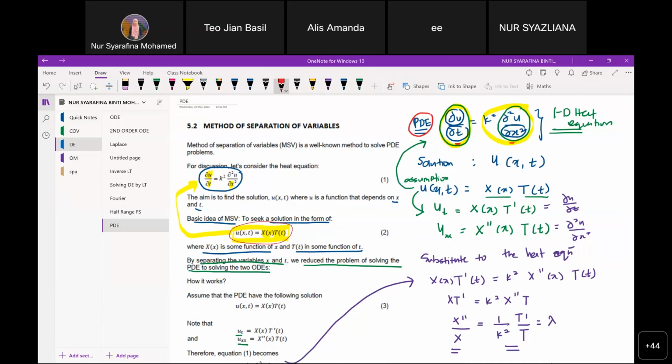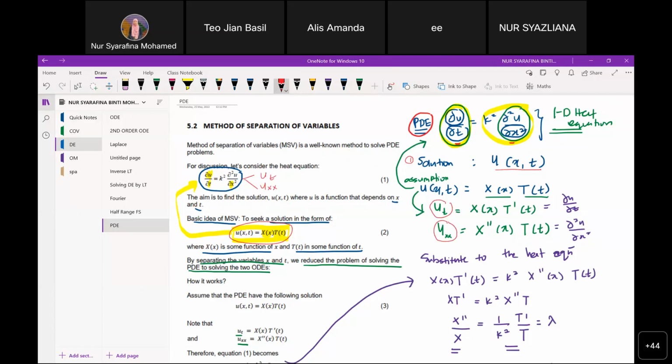Okay, how can we use MSV? All right, so first you expect the solution should be u(x,t). Then you differentiate according to the partial derivatives involved in the problem. So here we have del u del t, which means ut, and del squared u del x squared, which means u double x.